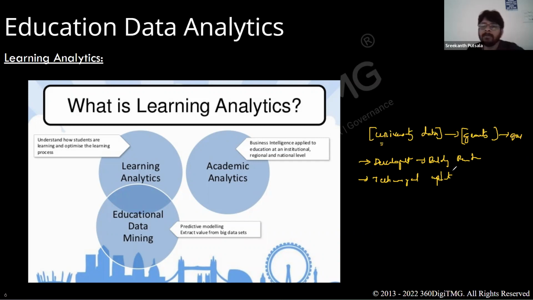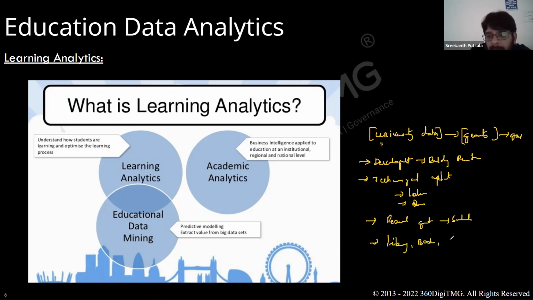Maybe it has to develop certain laboratories, maybe scientific laboratories, or it may require more funds for research, so it could be a research grant. Scholarships for students, or maybe the grant could be for the library, books, journals. All these are different requirements.